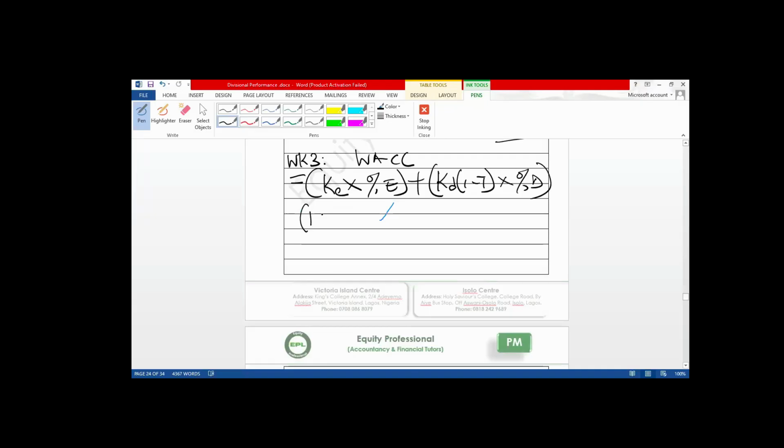Cost of equity, 18%, multiplied by percentage of equity, 60. Cost of debt before tax, 6%, bracket 1 minus the tax rate.